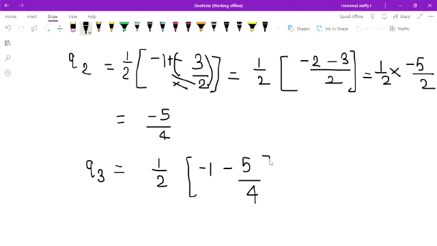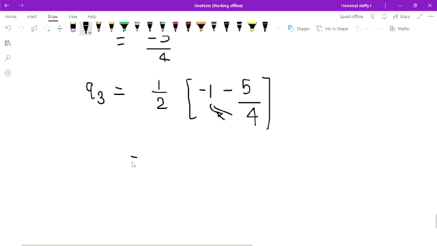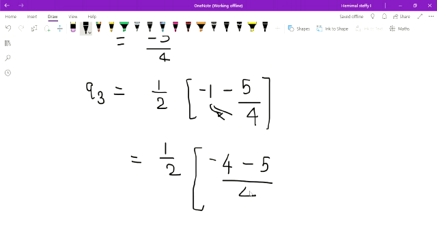Then I am doing the cross multiplication here, same thing. 1 by 2 into (-4 minus 5) divided by 4.